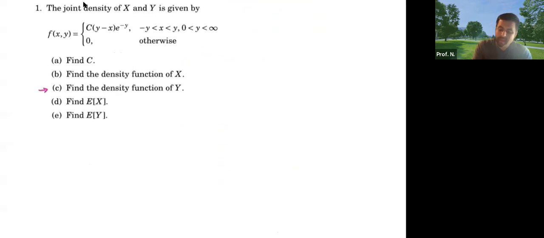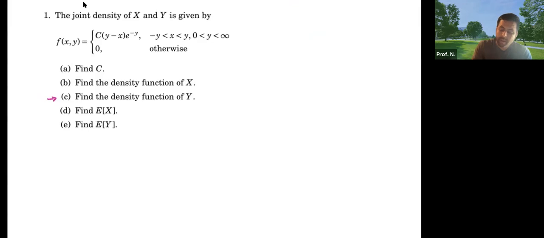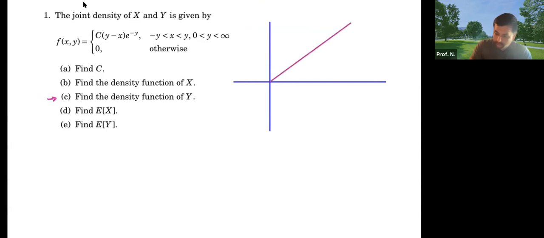Okay, so we have a density function of x and y, and it's given by this piecewise function. And so we get that region again, right? We get that strange region where, this time, x is between negative y and y.